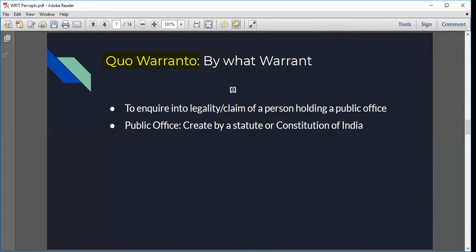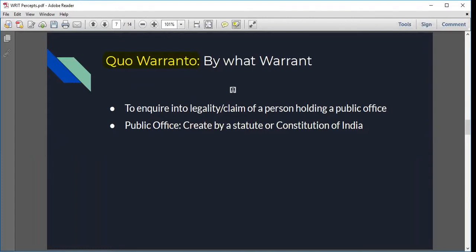So if somebody is holding a public office, for example you have mistakenly become a collector of some place but you do not possess the right qualification, or let's say a DM is also holding the post of deputy DM at the same time, then the court can inquire into the legality of why a person is holding two public offices at the same time.